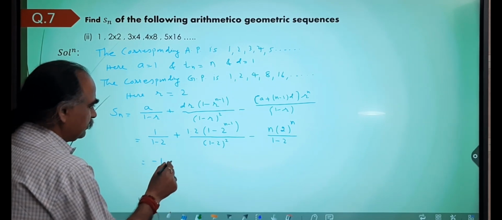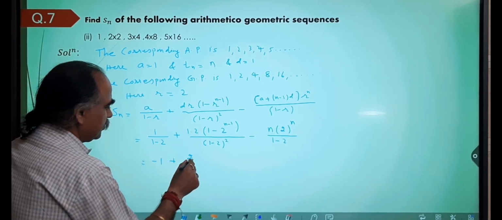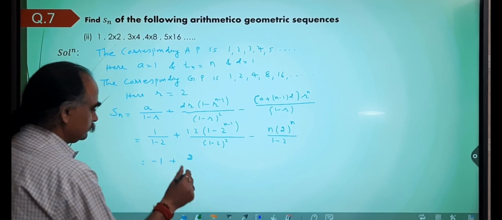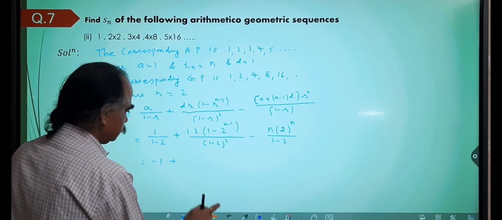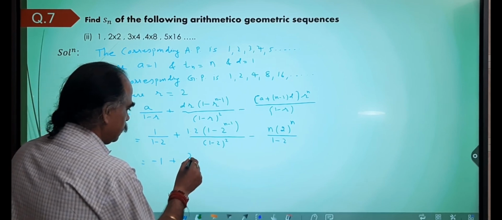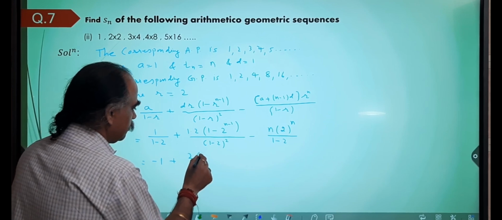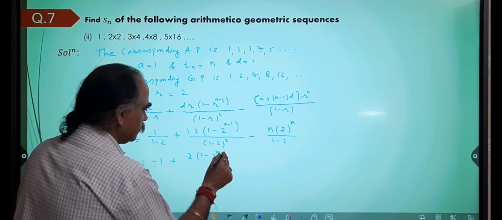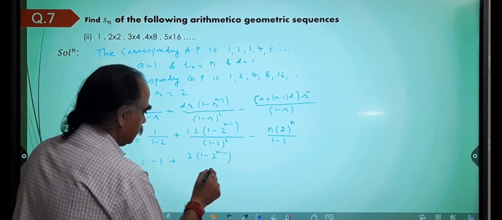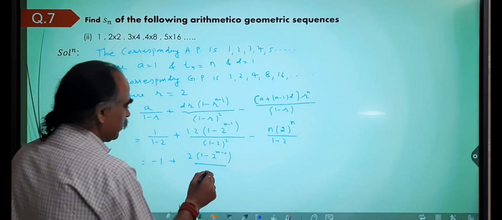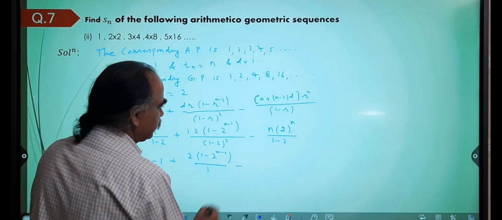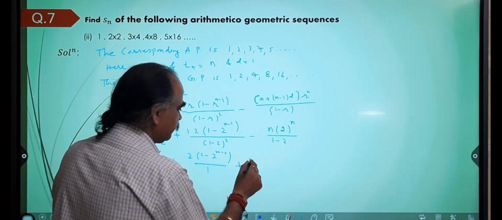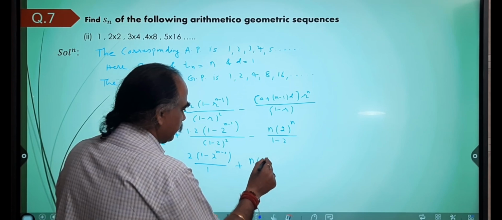So this is minus 1 plus 2 into 1 minus 2 into 1 minus 2 raised to n minus 1 upon minus 1 square is what? 1. Minus, and this is minus 1, so plus n into 2 raised to n.